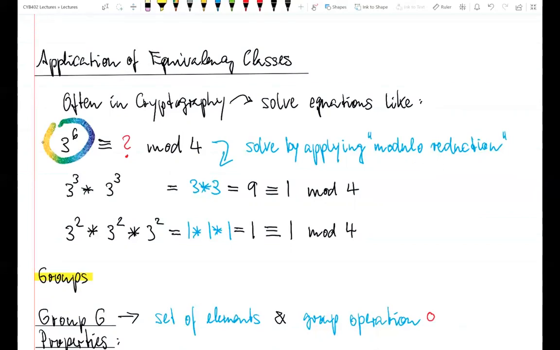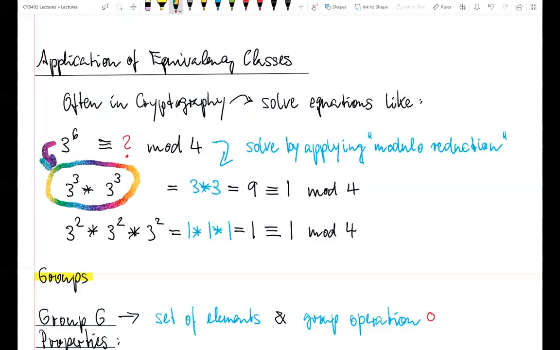And if you imagine that these numbers are huge, and we will, by the way, come up with efficient algorithms that help us to compute expressions like that. So remember that 3 to the 6 is 3 to the 3 times 3 to the 3.